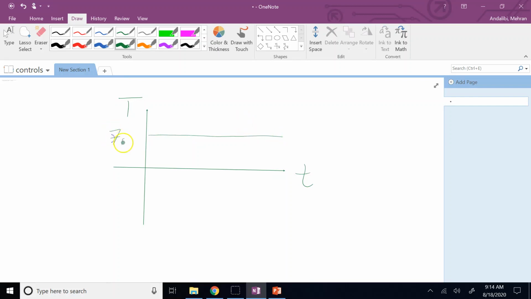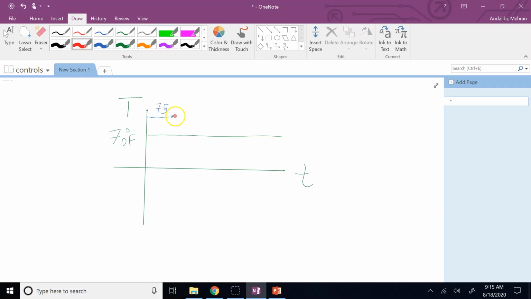Let's say you want it at 70 degrees Fahrenheit, and the current temperature at the moment is like 75. So let's say this is 75, and then here the controller turns on the AC unit to reduce the temperature, so it brings it down to what? It brings it down to 70 degrees.